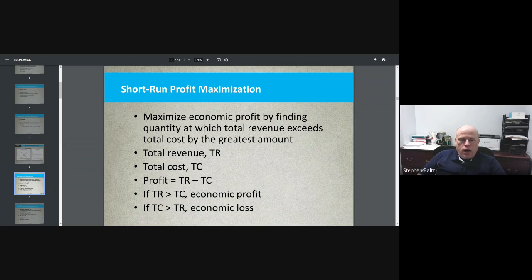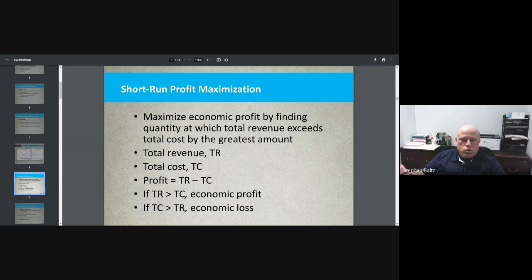All right. And of course, all of these acronyms that are shown in chapter 8 and will be continued in chapters 9 and 10, make sure that you understand what these mean. Total revenue is basically just the market price multiplied by the number of units that you're selling in the market.